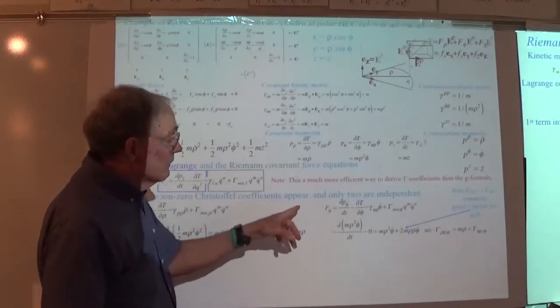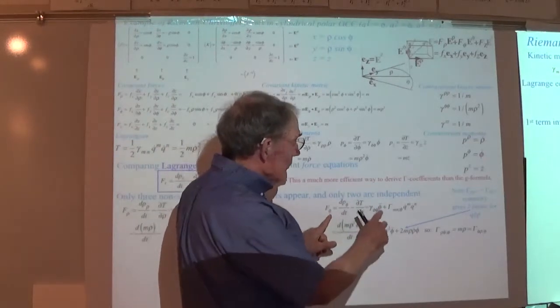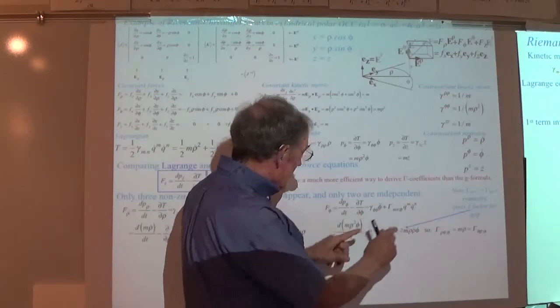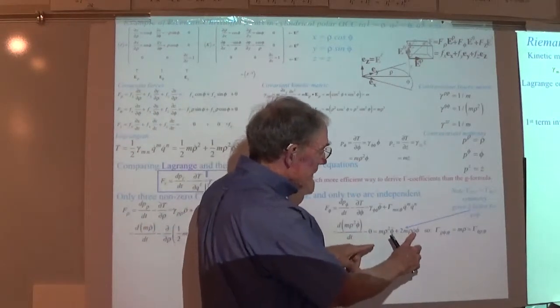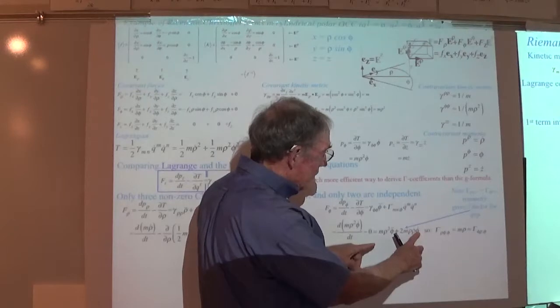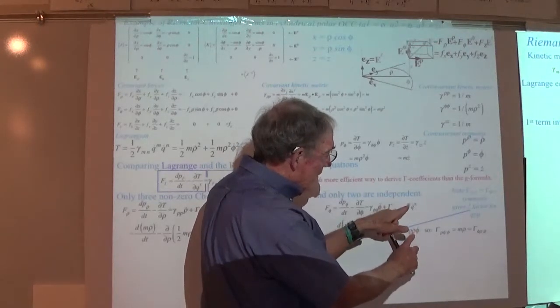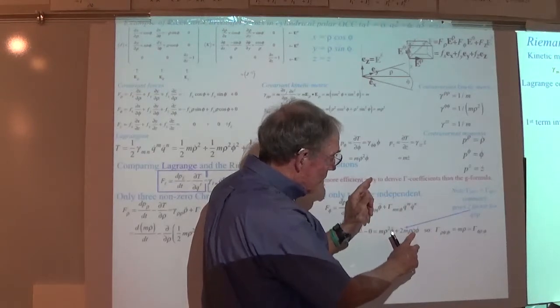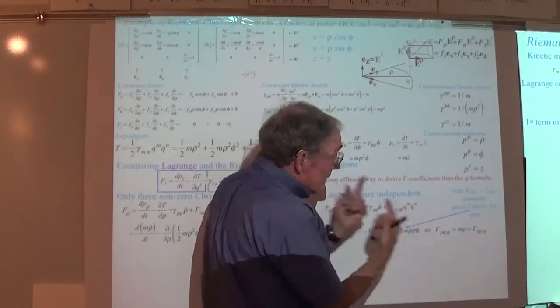And then over here, the same game we're playing. Okay, it's now with respect to phi, instead of rho. So what we're getting here is a rho phi coefficient. Okay, we've got the m corresponding to rho, and then we've got the n corresponding to phi, but it could have been the other way around.